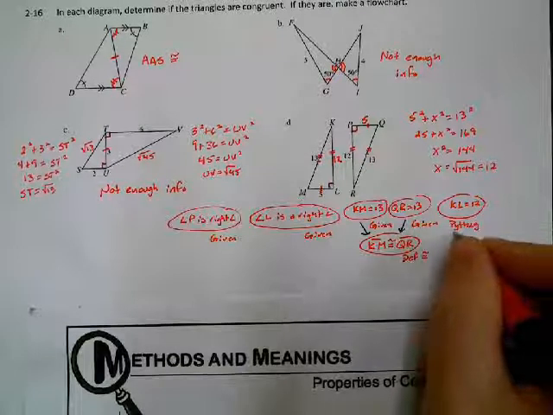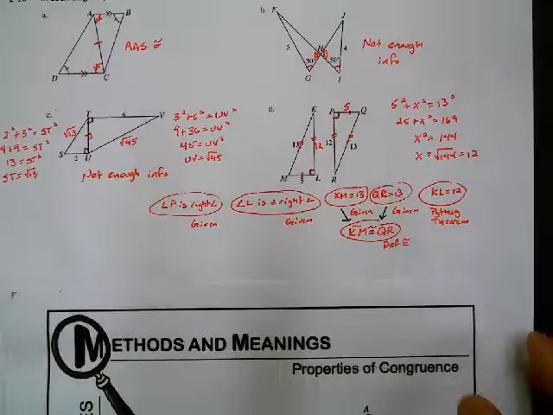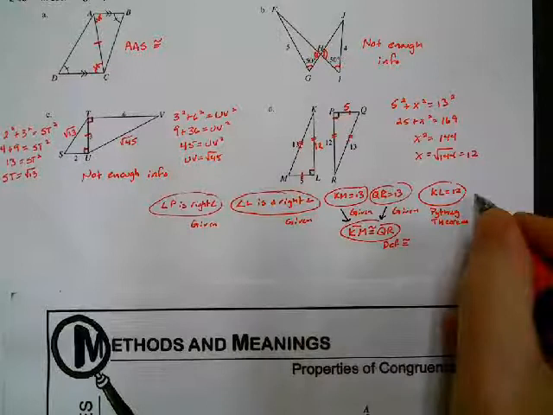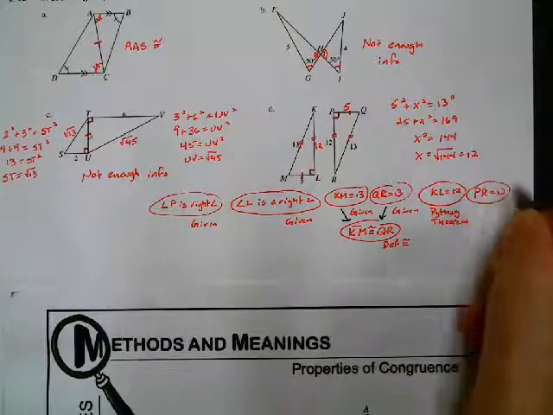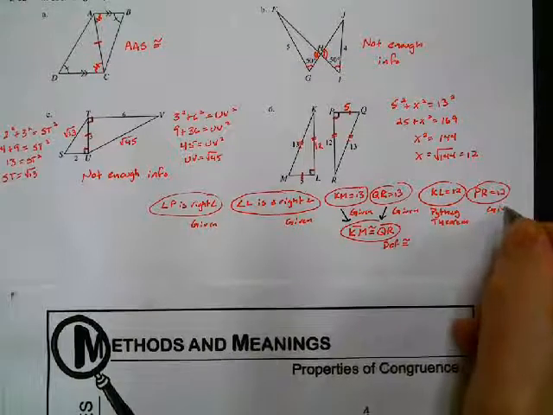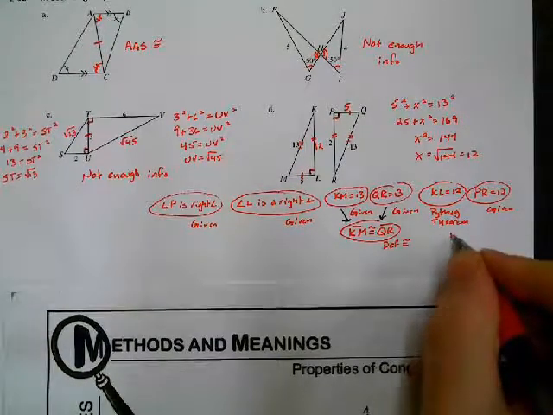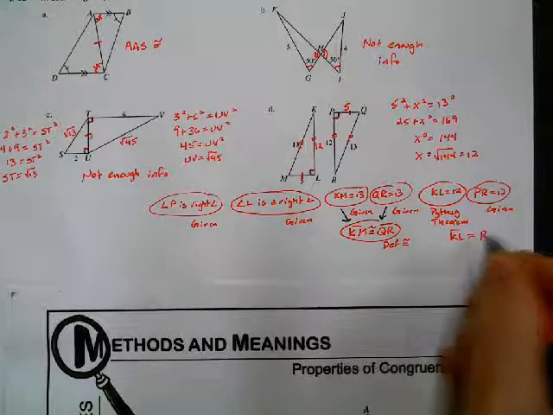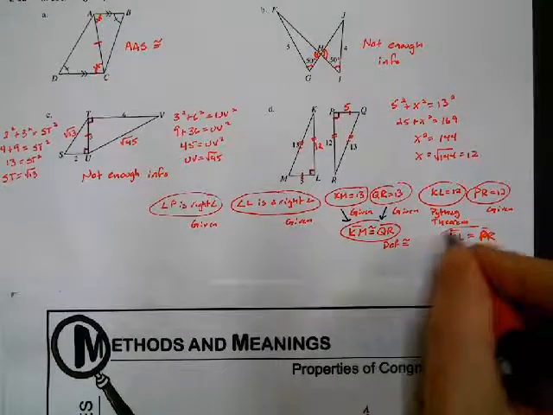All right, and then lastly, PR was 12. And that was given to us. Since these two are equal to each other, that means they're congruent to each other. So KL is congruent to PR. Oops, PR. So these two statements here flow into this statement here.